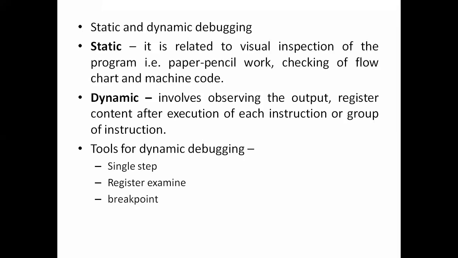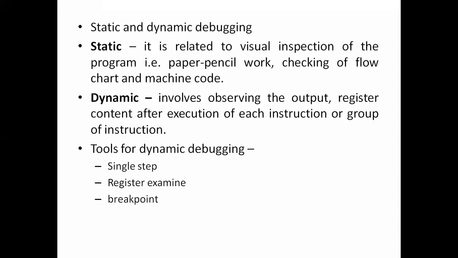Whenever you are converting that flowchart into a machine code, whether you have written the correct machine code or not, that is part of static debugging. So all the paper pencil work that you do for writing a program to obtain the solution of any problem comes under static debugging.